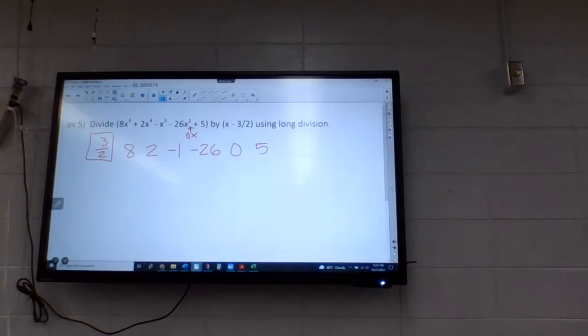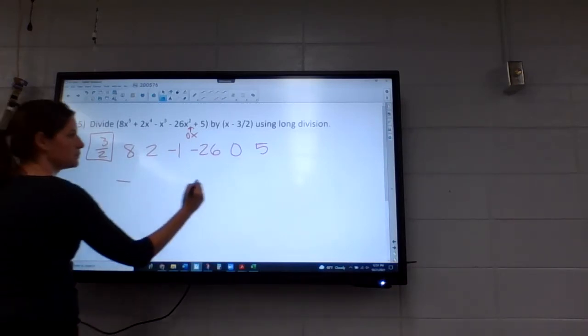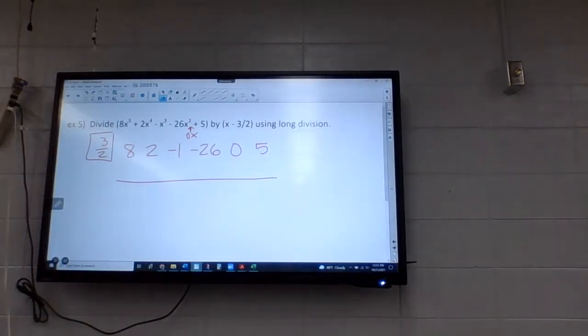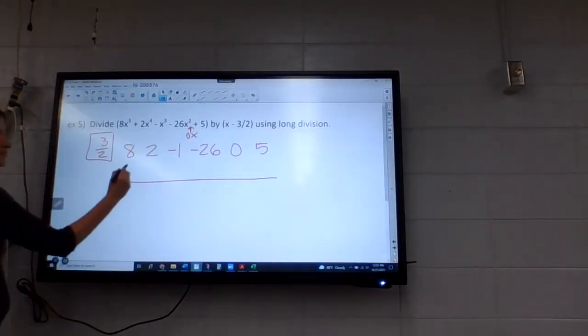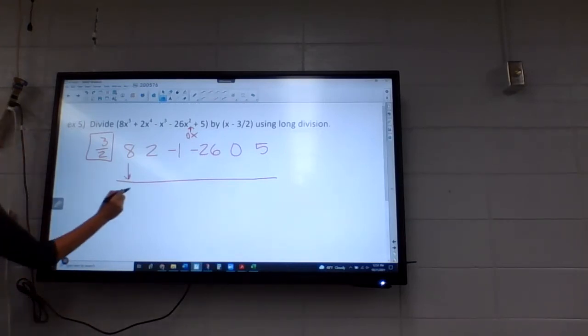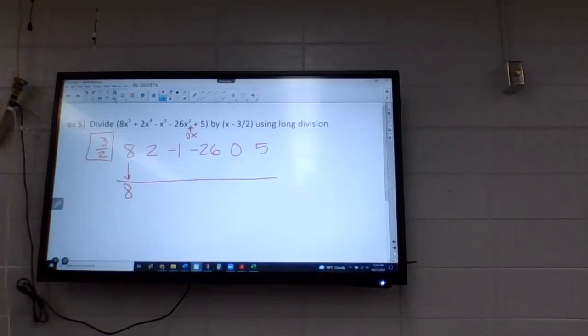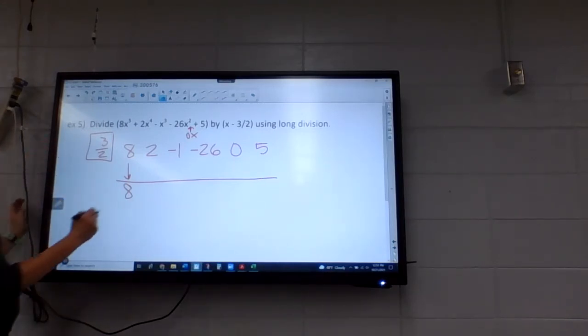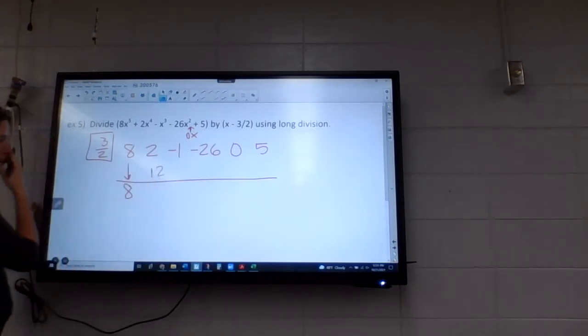So obviously we want it to work. So we start with our 8 here. 8 divided by 2 is 4, times 3 is 12. 3/2 of 8.